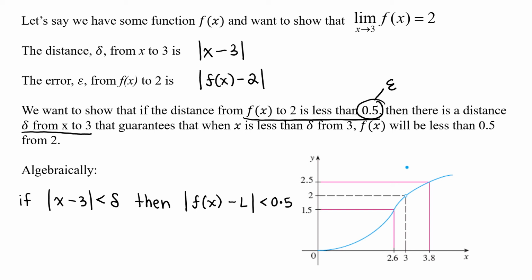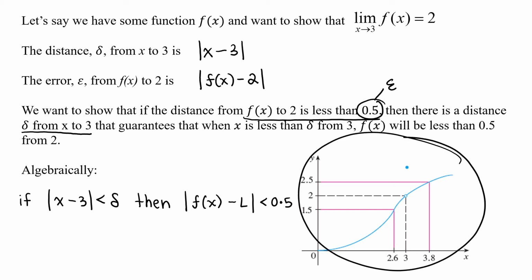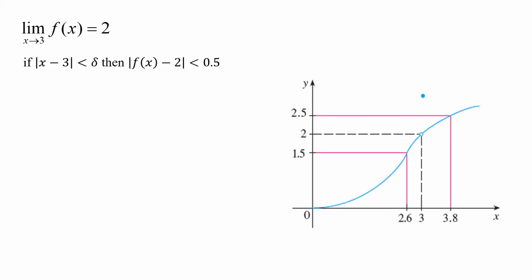So let's look at this same graph here for f of x, but with a little more room to work with. Okay, so again, we're trying to show that if the distance from x to 3 is less than delta, then the distance from f of x to 2, or error between f of x and 2, is less than 0.5. So let's check our f of x first.